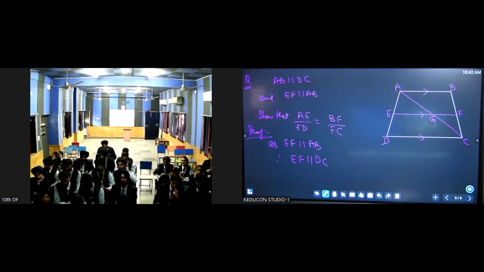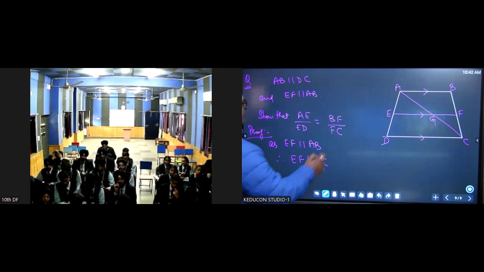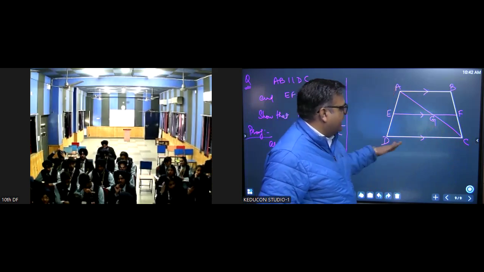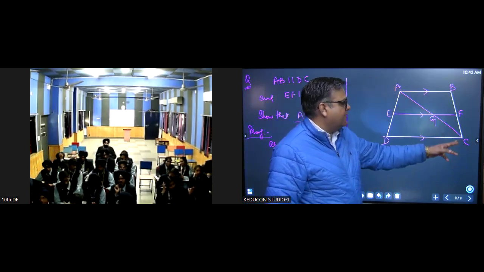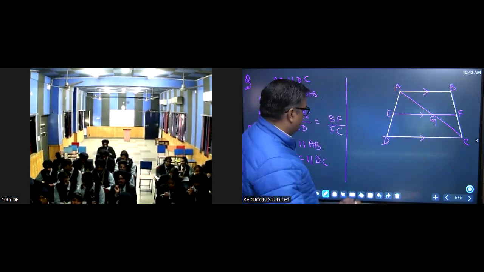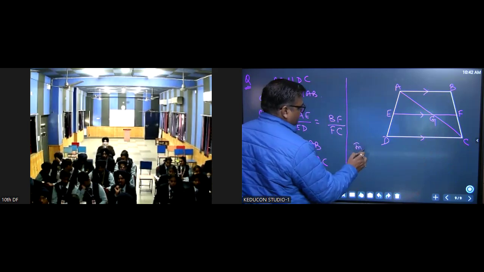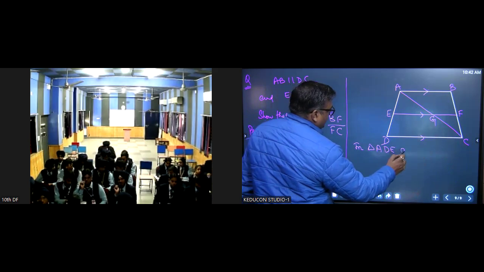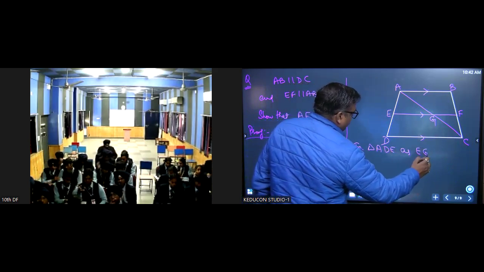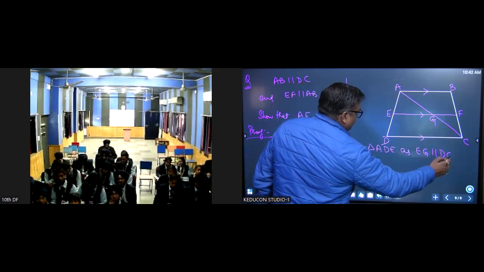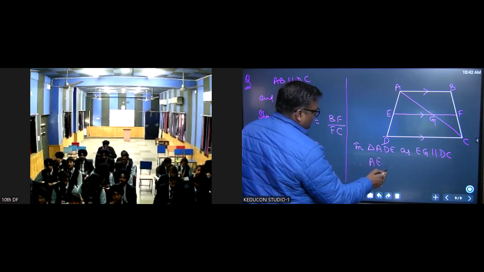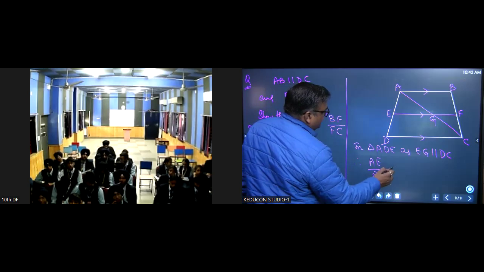Now what we'll do, we'll apply the BPT first in triangle ADC and then in triangle ABC. ठीक है, कैसे करेंगे बच्चों? In triangle ADC, as EG parallel to DC, therefore AE upon ED is equal to AG upon GC.